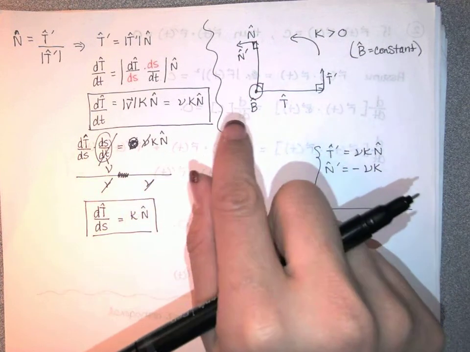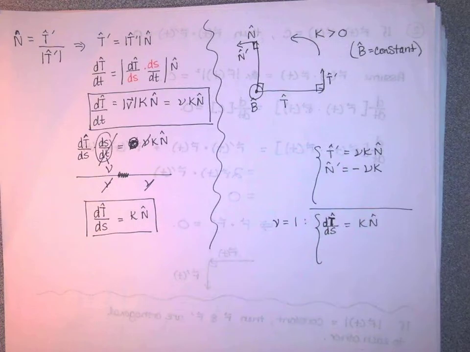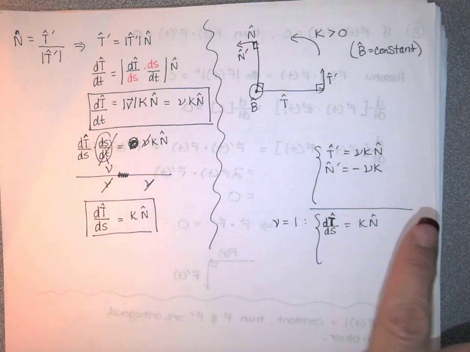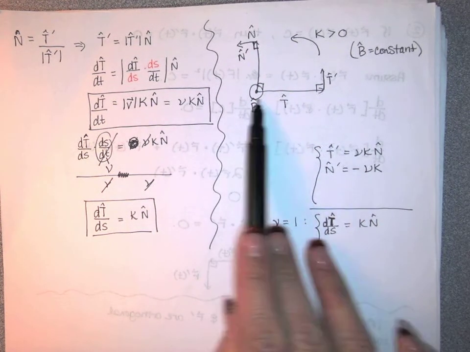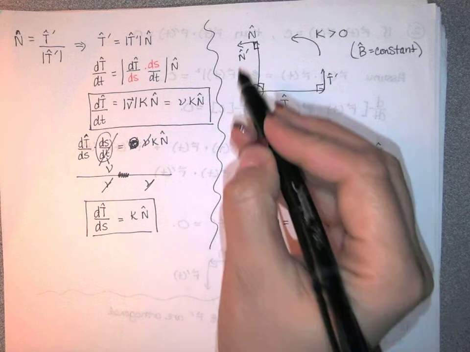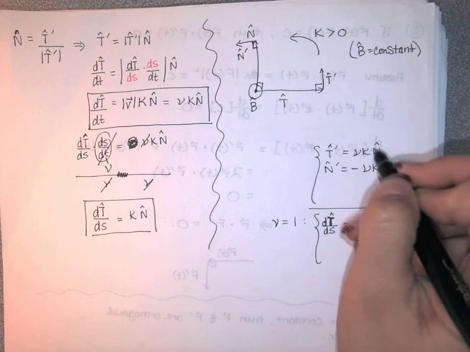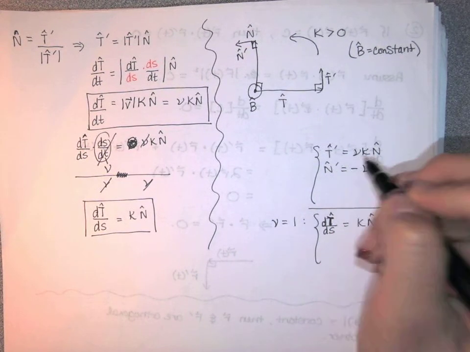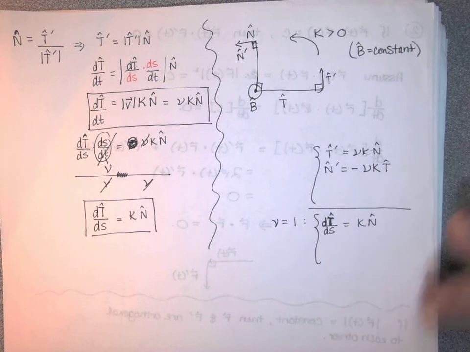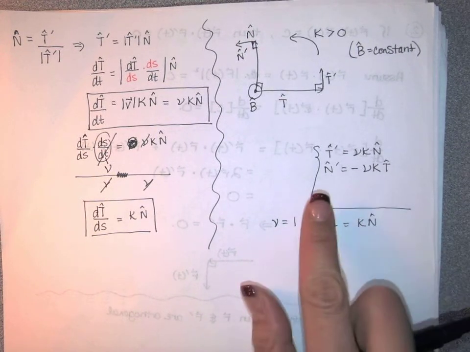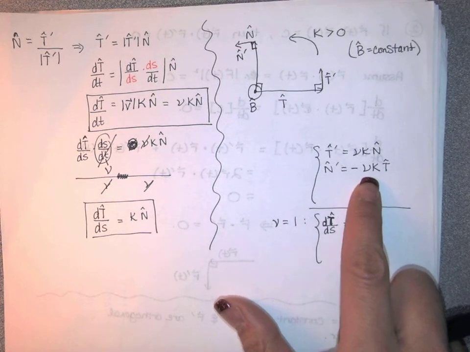In this picture, which is only the case when B hat is constant, so B is just pointing straight up at us and it's not moving, this unit normal vector's derivative is parallel to T hat. And the rotation rate of N hat as it moves away from T hat is going to be the opposite of the rotation rate over here. So N hat prime is a negative of the speed times curvature times T hat. So you see the inverse relationship between those two derivatives. This one has that positive constant and this one has the negative constant.